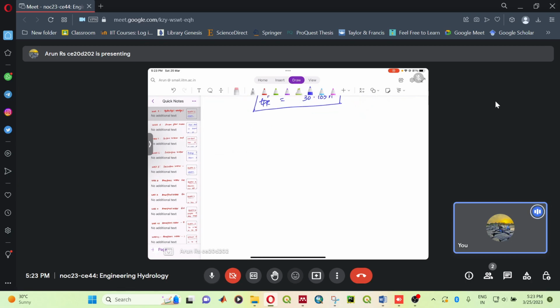Once we got the basin lag, we can compute the QP, 2.78 CP divided by TP.